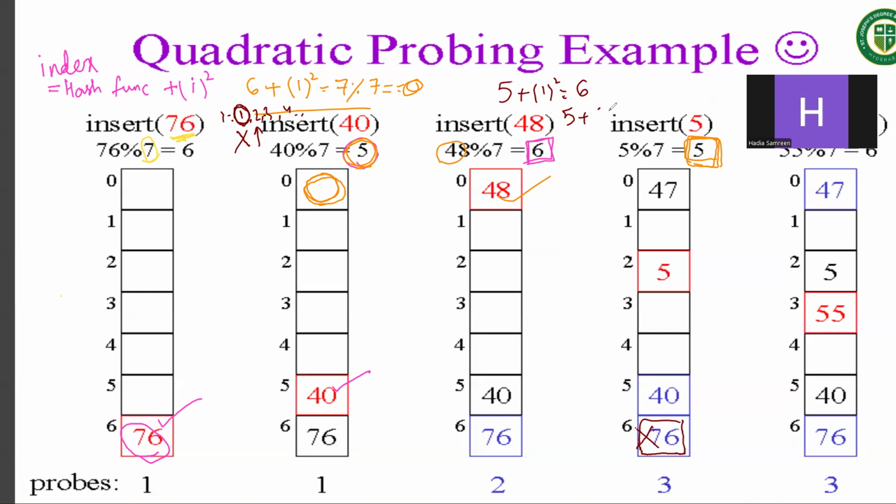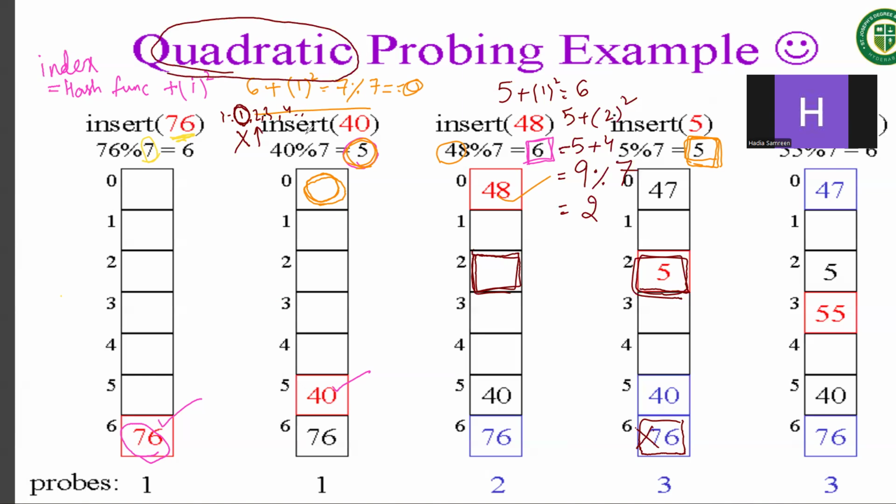So 5 plus 2 squared equals 5 plus 4, which equals 9. There is no index 9 here, so we do 9 modulus 7. We get 2. Is the second index available? Yes, so we can store it here. So this is how quadratic probing works.